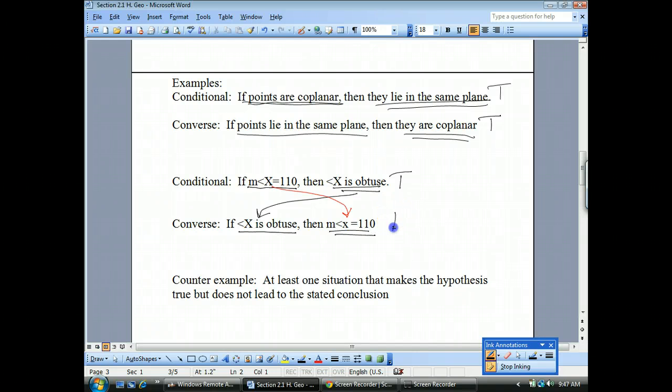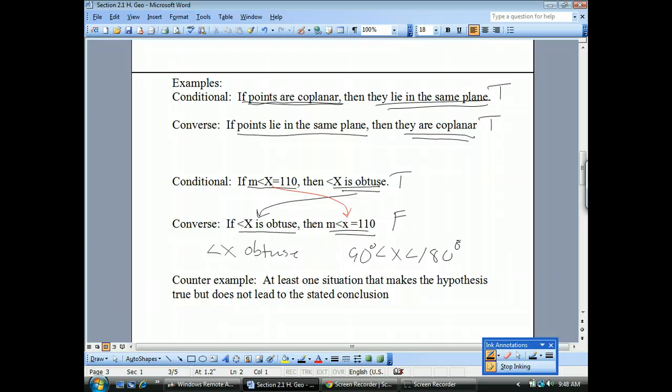This is a false statement because if angle x is obtuse, it means that x has to be greater than 90 but less than 180 degrees.